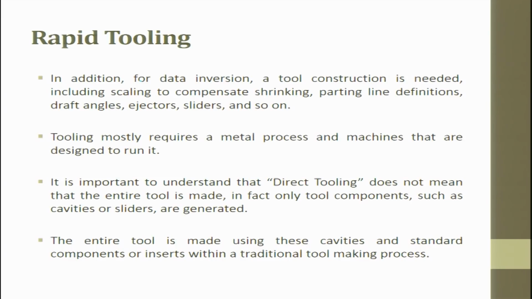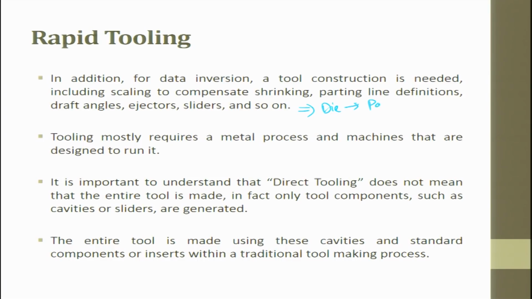In addition to data inversion, a tool construction is needed, including scaling to compensate shrinkage, parting line definitions, draft angle, ejectors, sliders and so on. In a mold or in a die, these are very important.